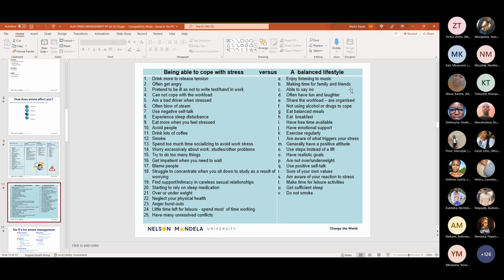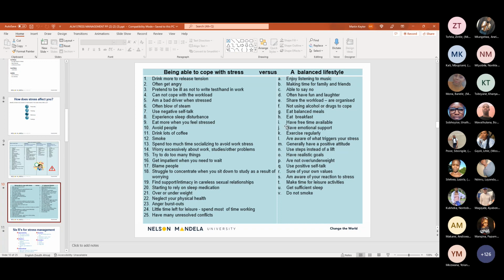Then a balanced lifestyle: enjoy listening to music, making time for family and friends, being able to say no, often having fun and laughter. These components are more effective ways of dealing with stress.